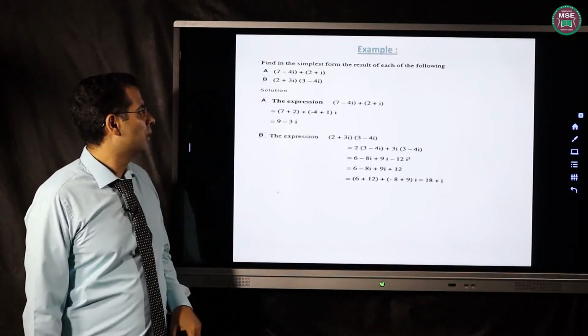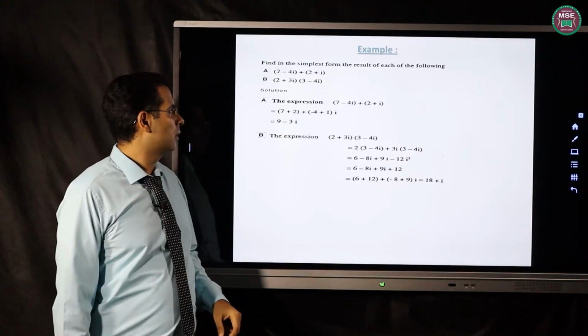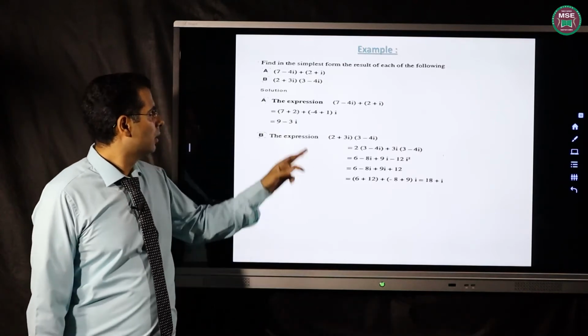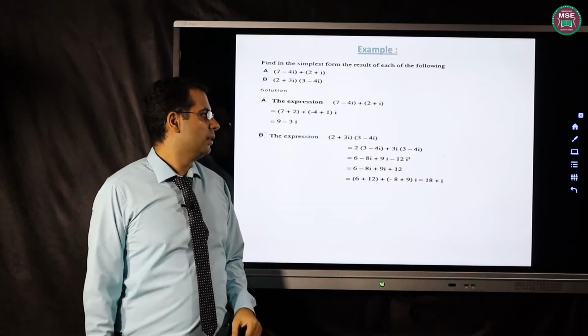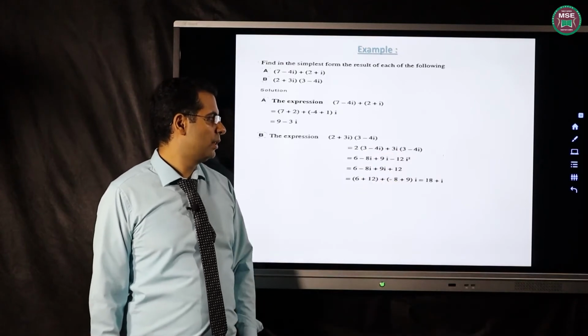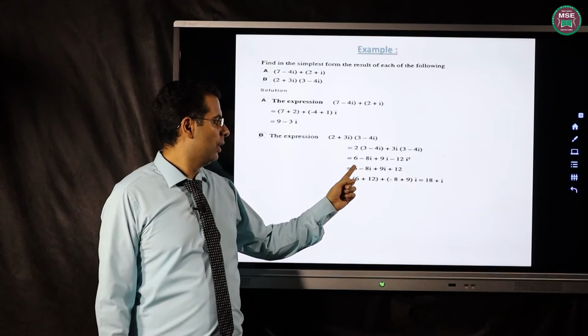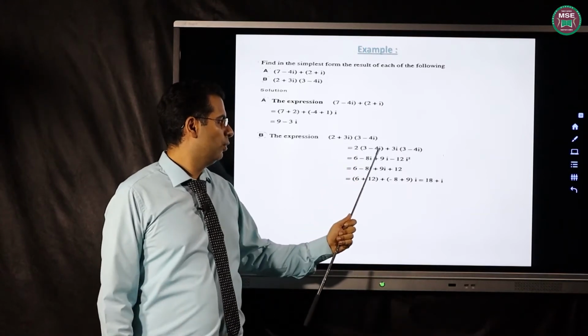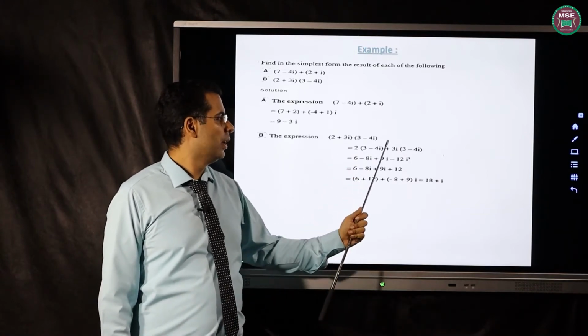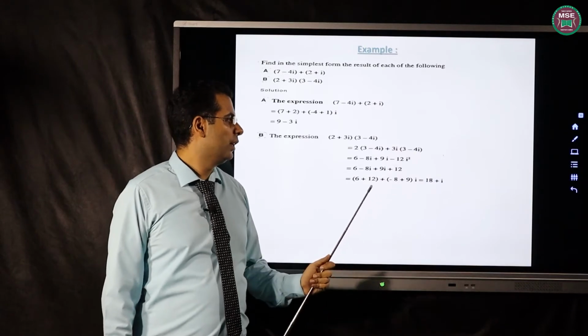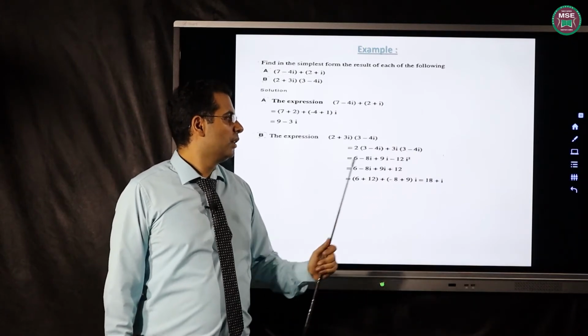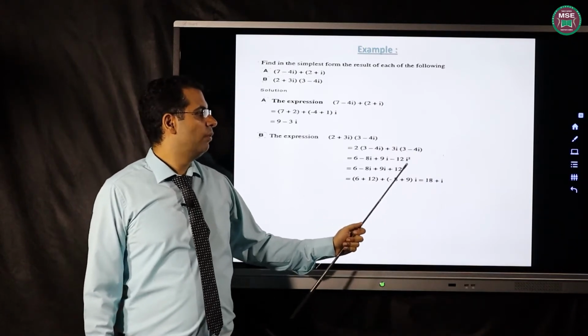B, we want to multiply it. 2 plus 3i times 3 minus 4i. Multiply 2 by the second bracket, and 3i also times the second bracket. Distribute 2. 2 times 3 equals 6. 2 times negative 4 equals negative 8i. 3i times 3 equals 9i. 3i times negative 4i gives me negative 12i power 2.